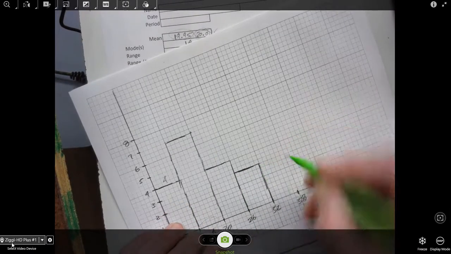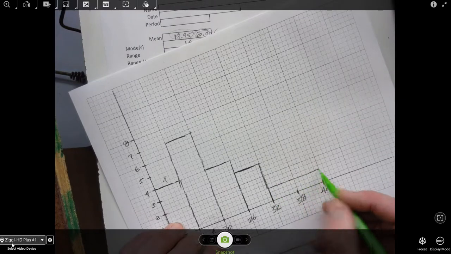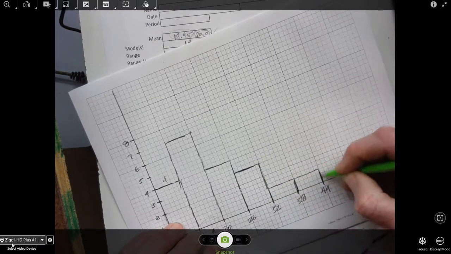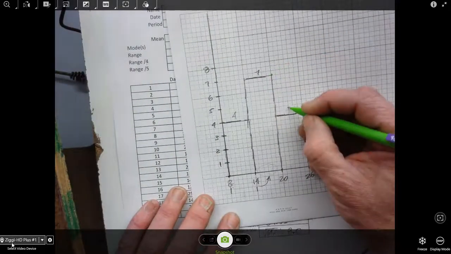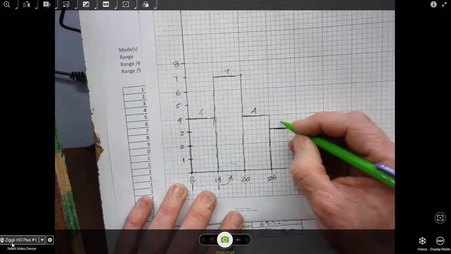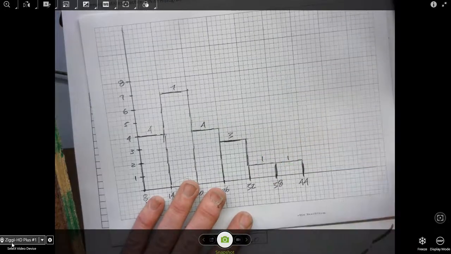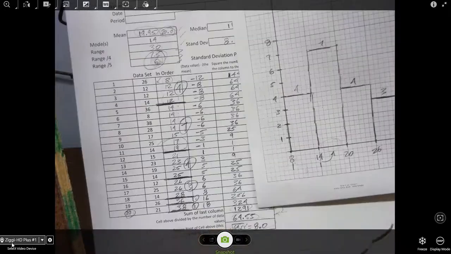And in the last 2, I only have 1 number in each of them. Now, you don't have to write these numbers at the top. I'm just doing this to make sure it's clear to you where I got the height of those. And I just pick it up from the different ranges.